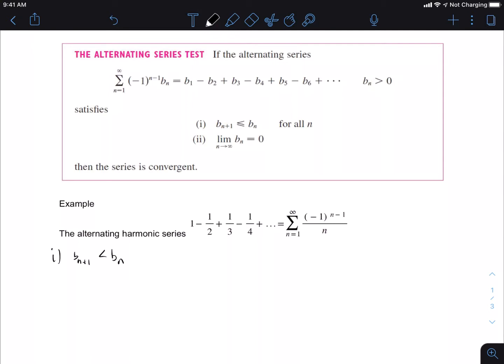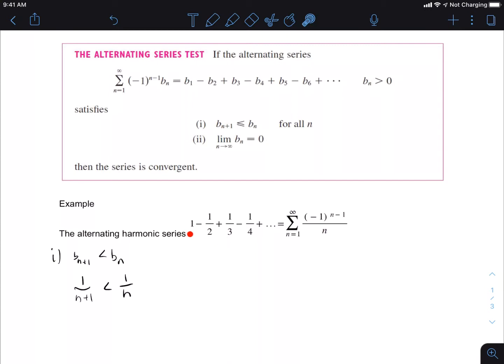If we take our nth term, it's going to be 1 over n plus 1. And then the one before it is going to be 1 over n, right? Because we can see that the term is smaller than the next. And the reason we can see that is what's happening as n gets bigger.